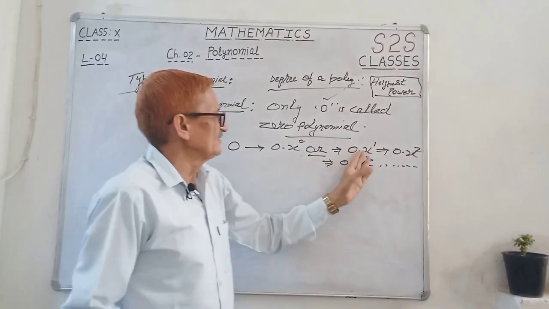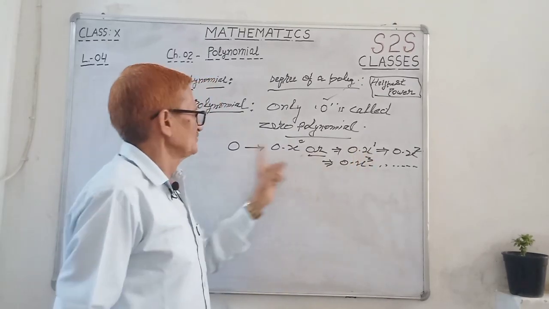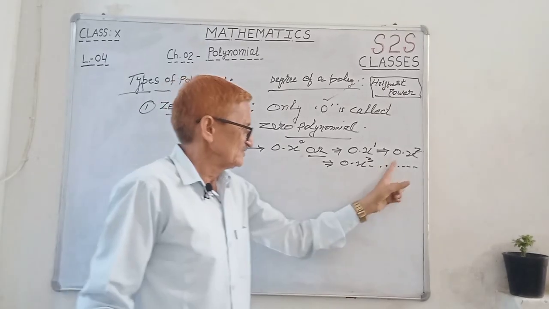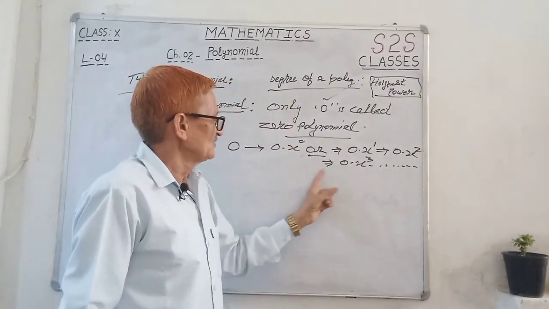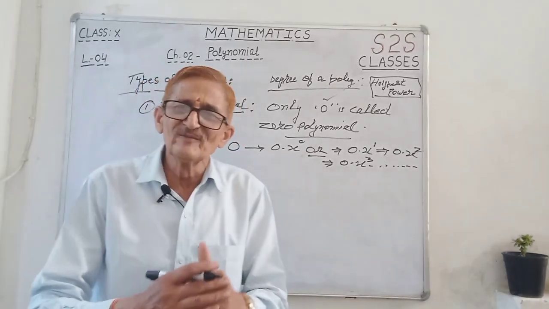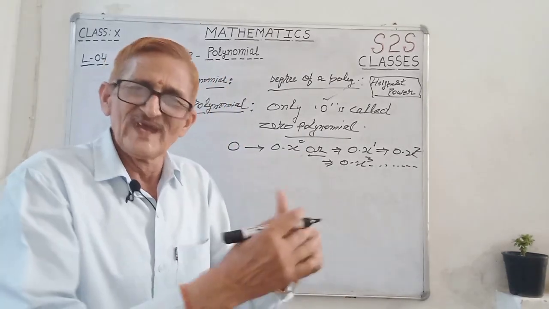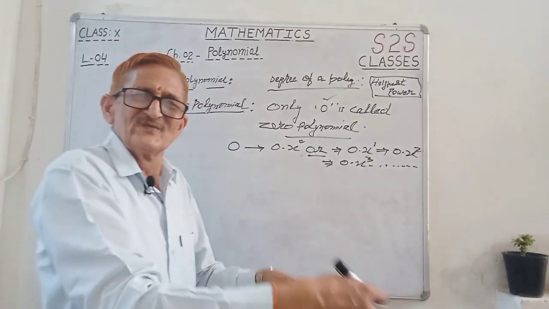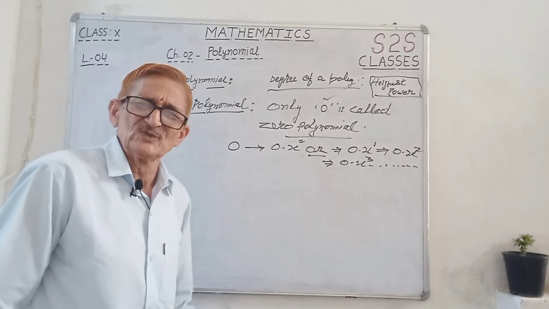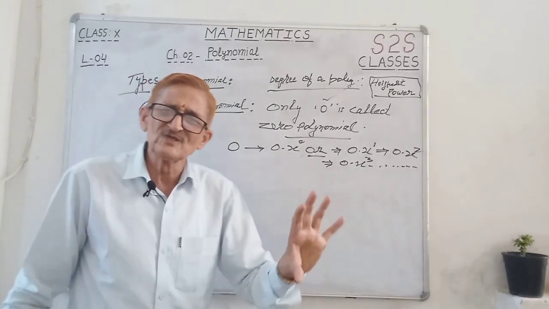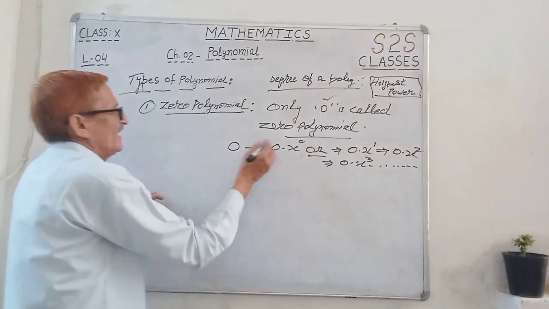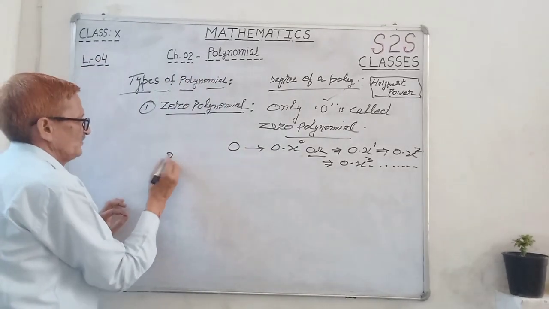Why? Because 0 into any number is 0. So 0 into x is also 0, 0 into x square also 0, 0 into x cube also 0. So 0 can be expressed in many ways, with x power 0, x power 1, x power 2. So the highest power is not possible for the 0 polynomial. So the degree is not defined.